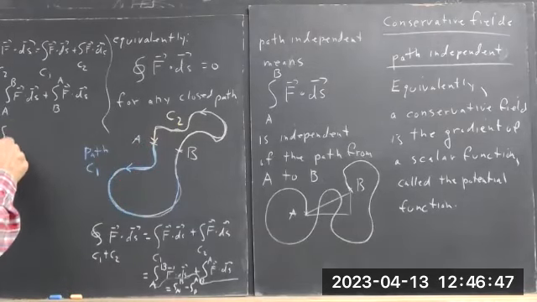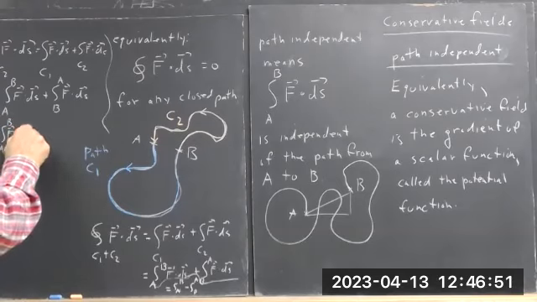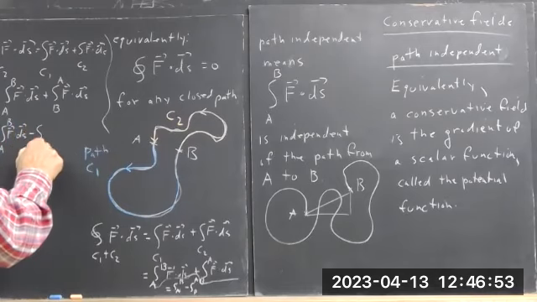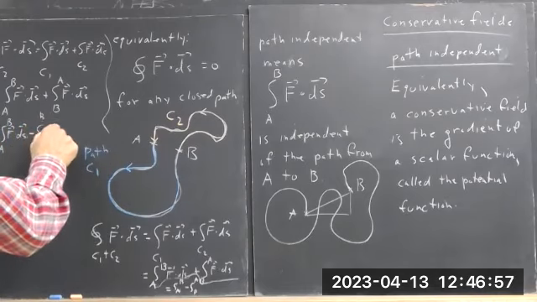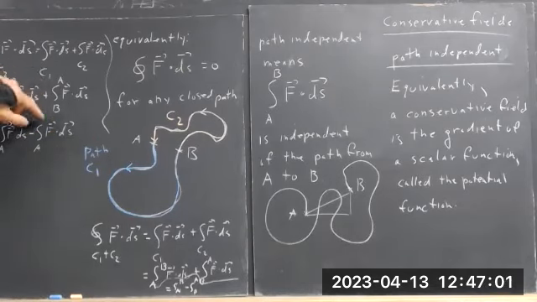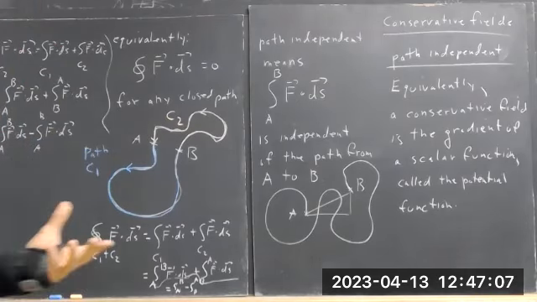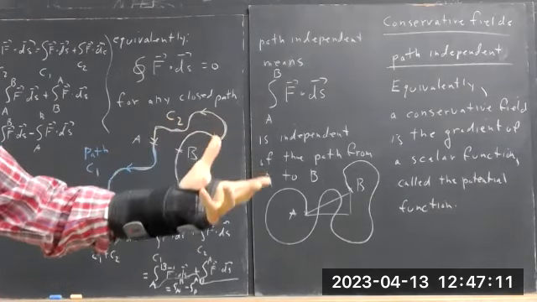So this is the integral from A to B of F dot ds minus the integral from A to B of F dot ds. When you reverse the direction of integration in single variable, if you reverse your limits in an integral, you get the negative.